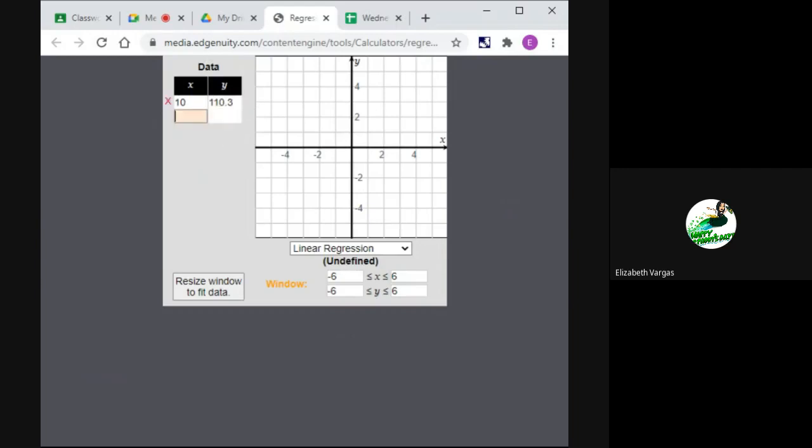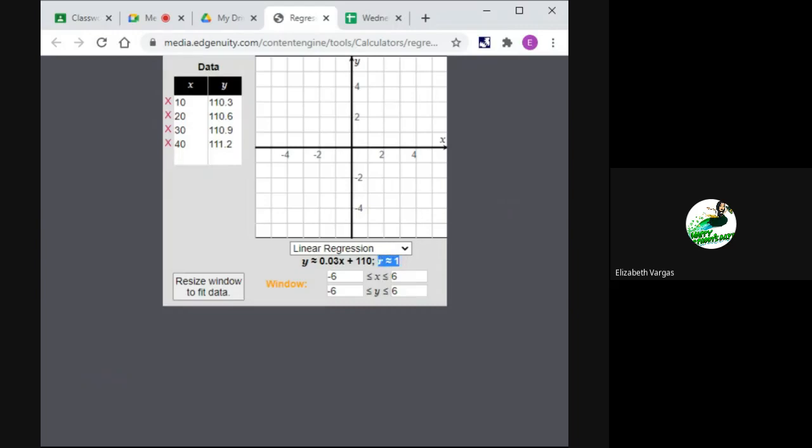And so now I'm going to use my calculator to find what my correlation coefficient is, or I'll even be given my linear regression equation, but I was already given that, so I don't need to identify that. Okay, and so what you see here is I am given my correlation coefficient.